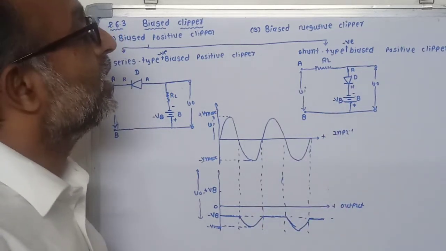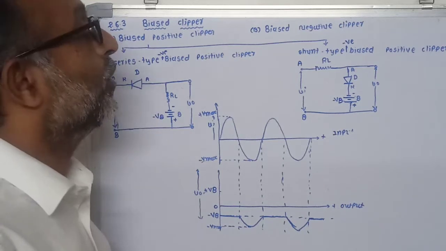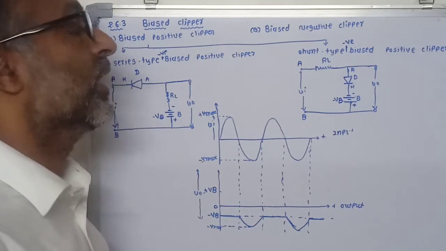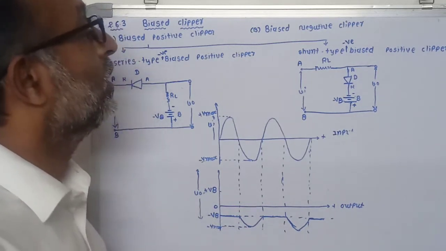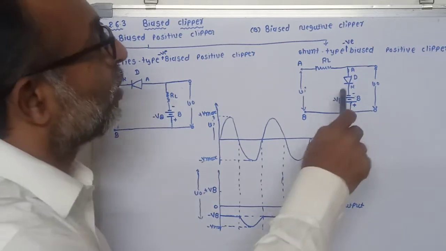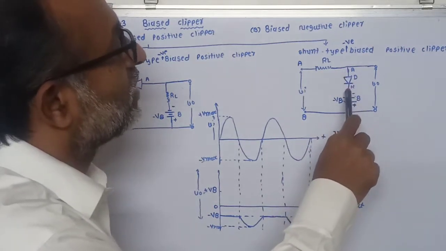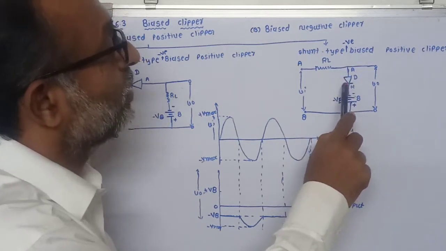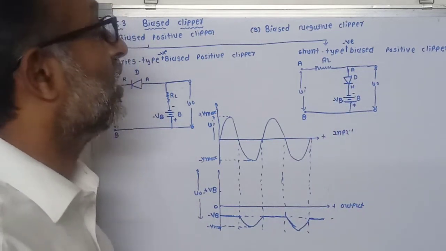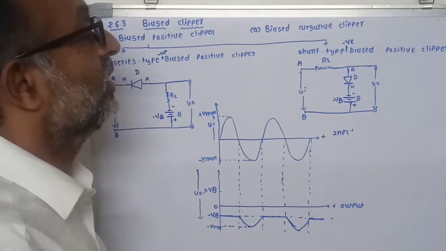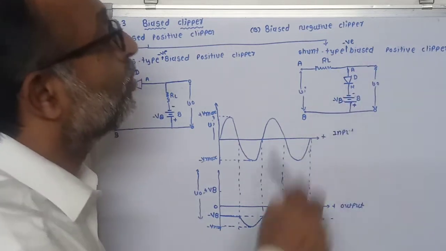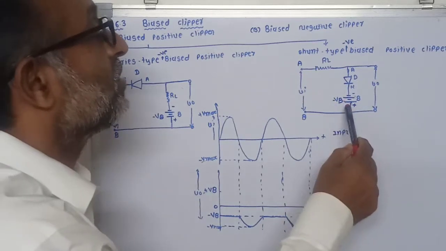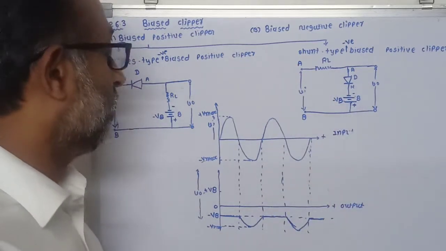That means it doesn't matter whether your input voltage is less than or greater than the battery voltage. In forward bias, the current passes through this load resistance and diode. So your input voltage is not reflected on the output side, and you will get minus VB voltage at the output terminal during the positive half cycle.